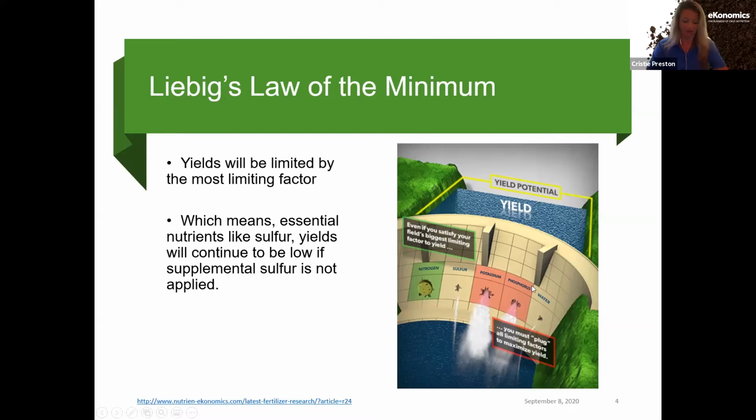If we could all plan the weather, that would be great, and we'd all be millionaires. But your yield is going to be limited by your most limiting factor, and if that's a macronutrient like nitrogen, potassium, phosphorus, or sulfur, you could be significantly limiting your yields.